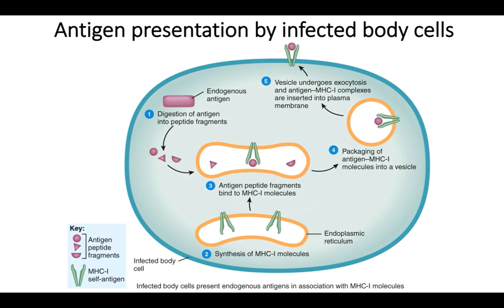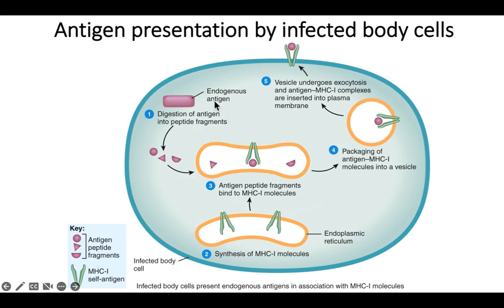But if you're an infected body cell, you're going to use MHC1 to present the antigen on the outside, but because you're using an MHC1, it's not a helper that comes over and sees this. It's a cytotoxic T cell. So when a cytotoxic T cell comes over here and sees this, it's going to destroy this infected cell.